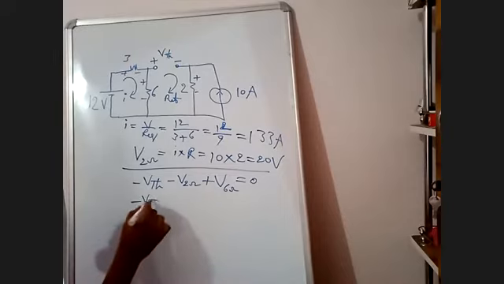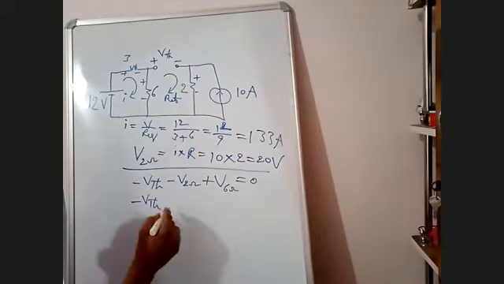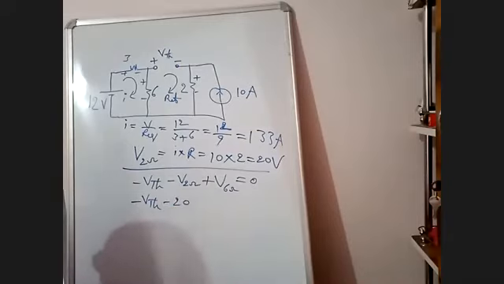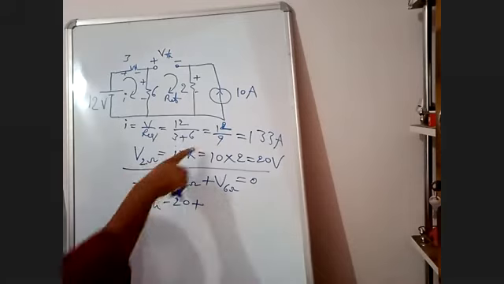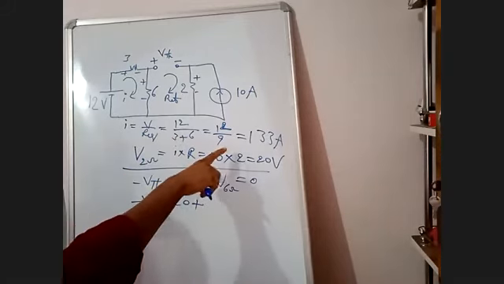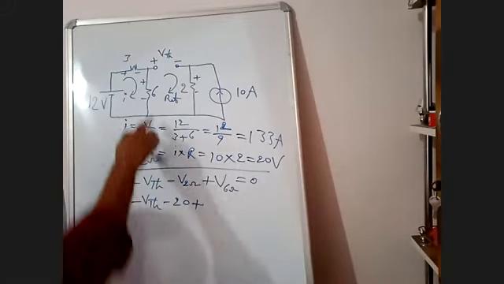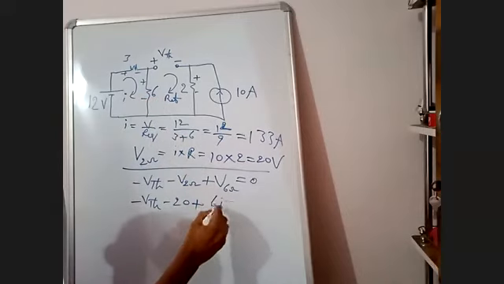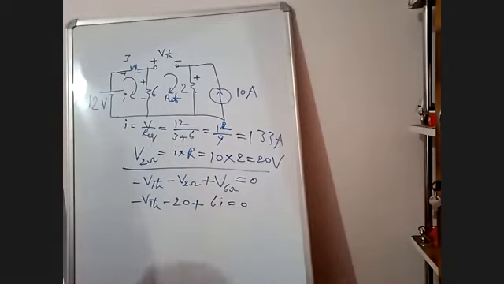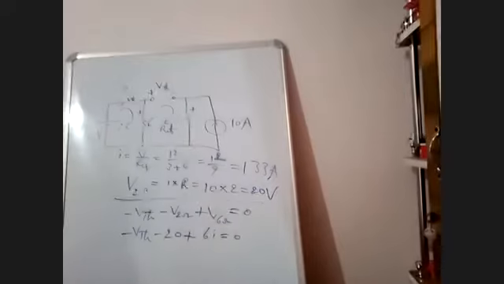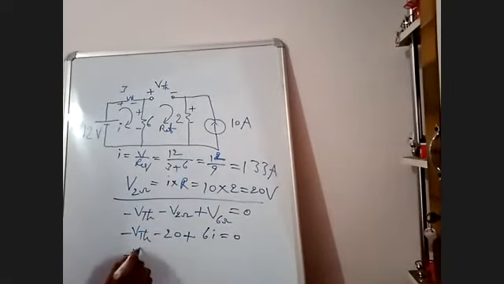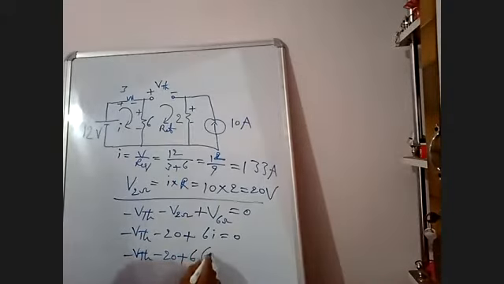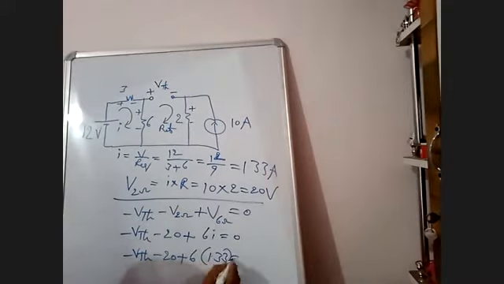Now, minus VTH, minus the voltage in 2 ohms, which is 20 volts, plus the voltage in 6 ohms, which is 6 into I, is equal to 0. I know the current in 6 ohms is 1.33. If we substitute 6 into 1.33, we get VTH.